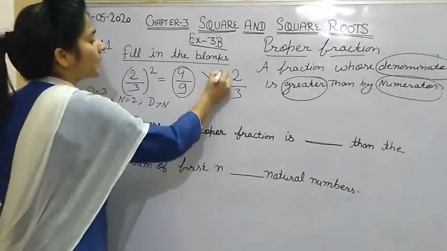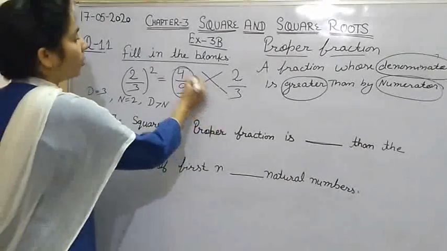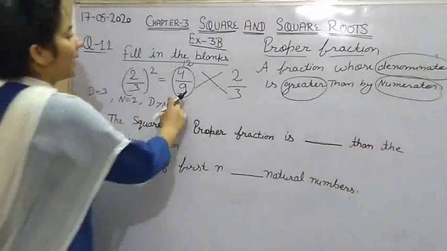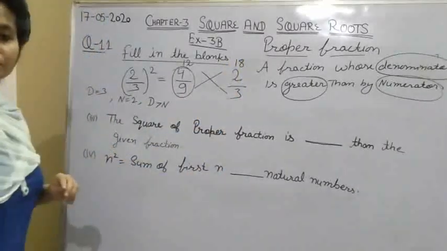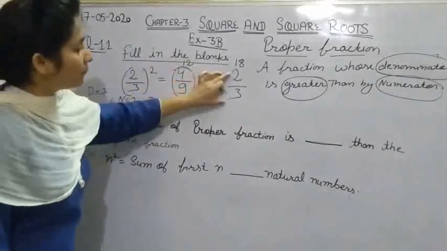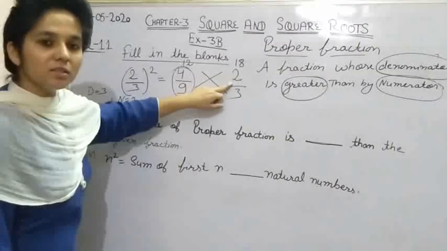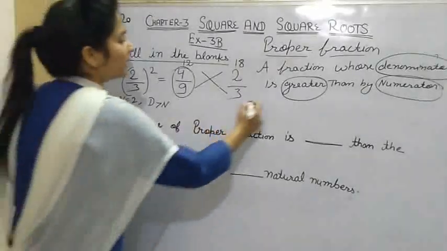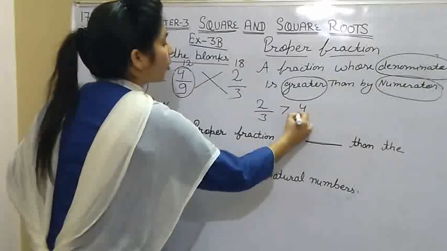The square of a proper fraction is dash than the given fraction. Taking cross multiplication: 4 times 3 is 12 and 9 times 2 is 18. The square of the proper fraction is 4 by 9 and the given fraction is 2 by 3. 2 by 3 is greater than 4 by 9.